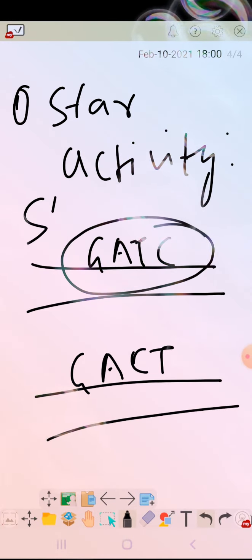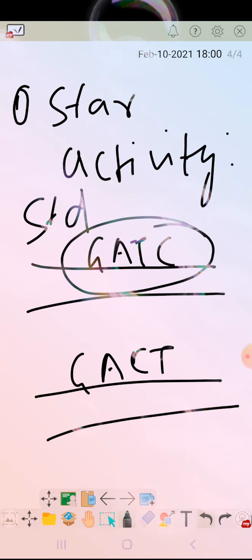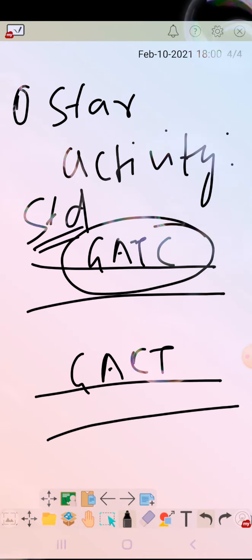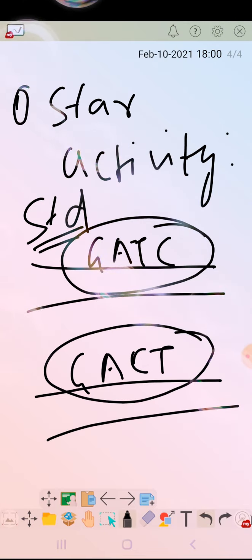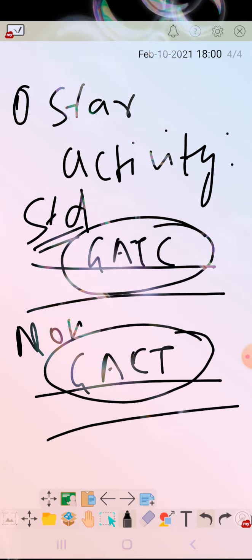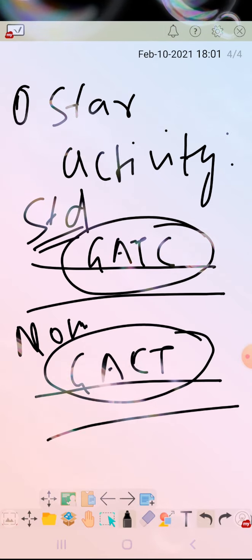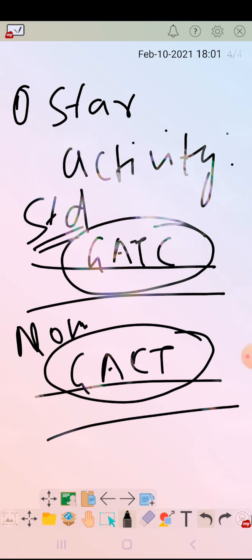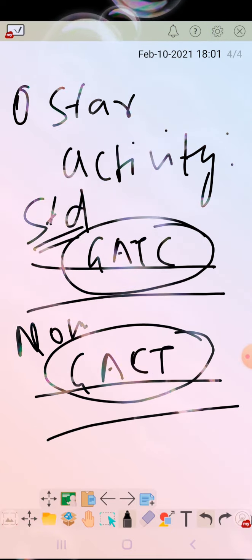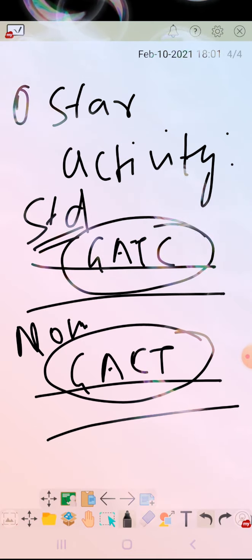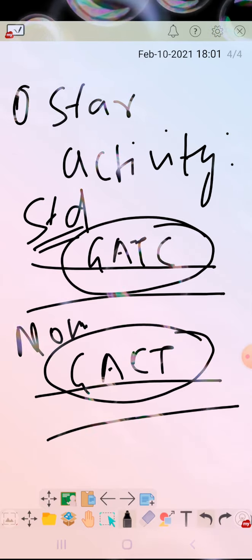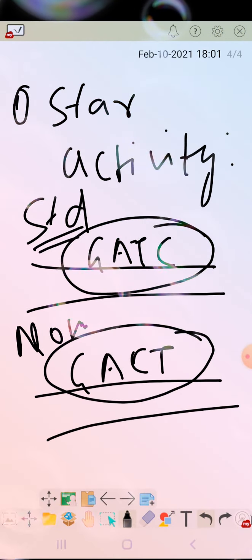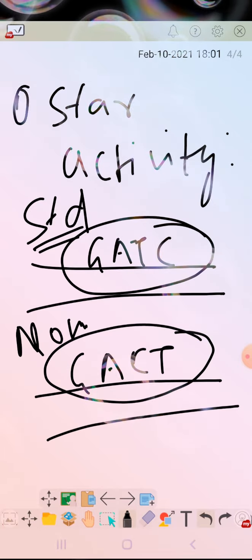So the restriction enzyme will recognize this site in the standard condition and it will recognize this in the non-standard condition. Means it can recognize the similar restriction site but not the identical one. Therefore, the sticky ends or the fragments that it will form would be different. This phenomenon is known as star activity.